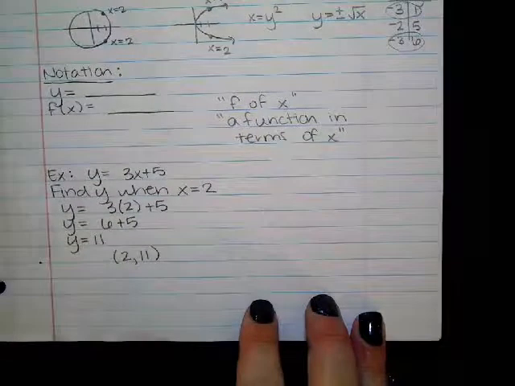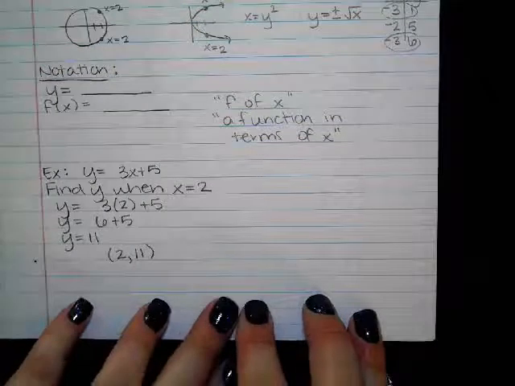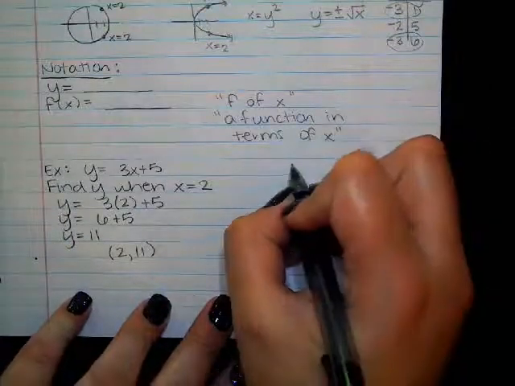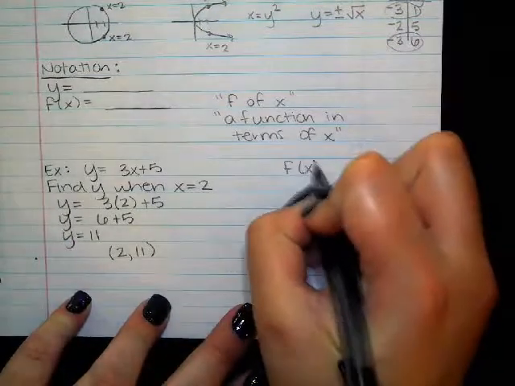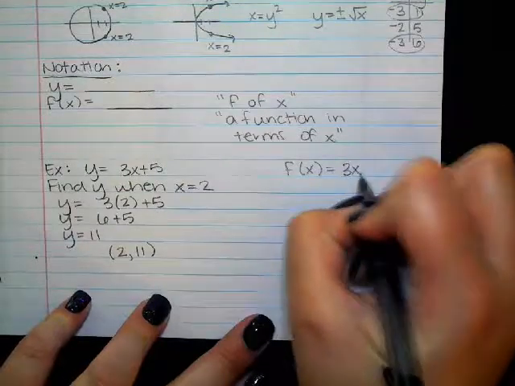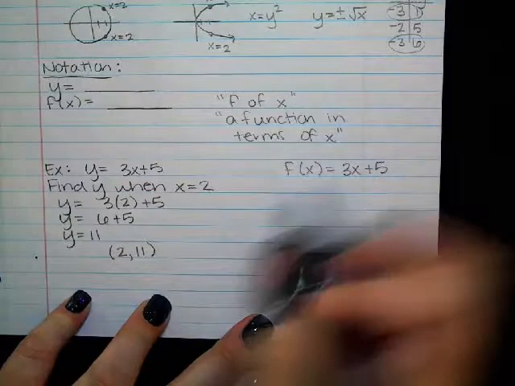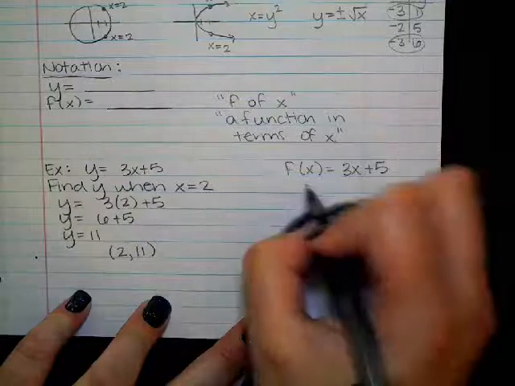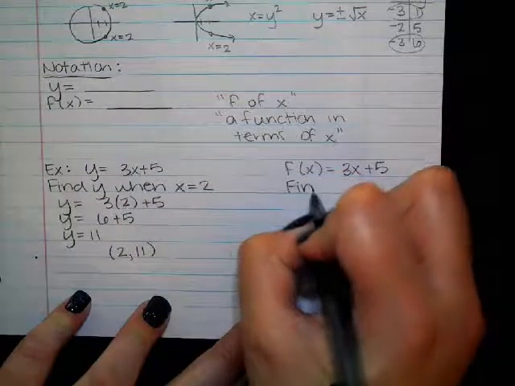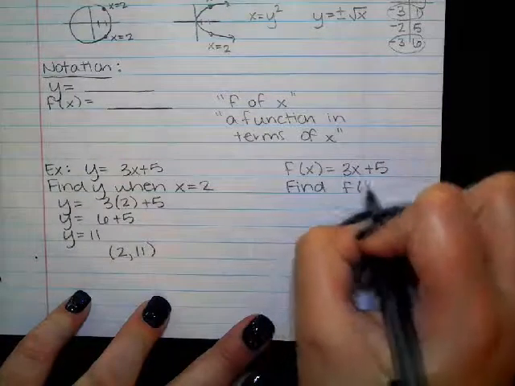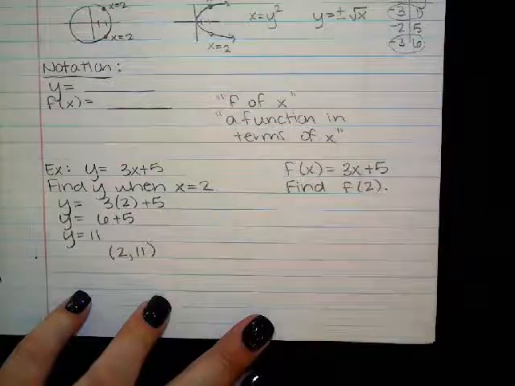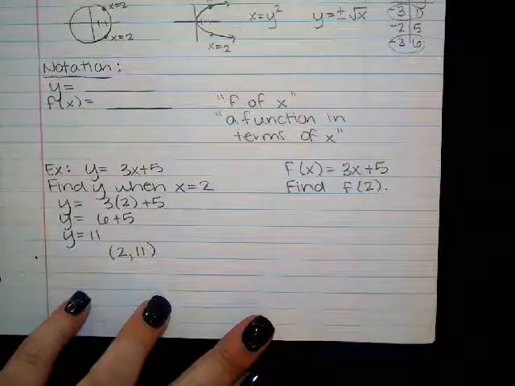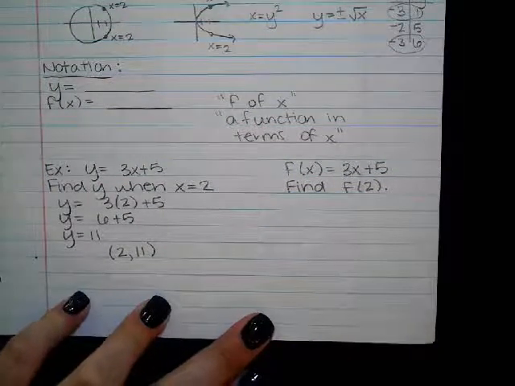In function notation, they would say, okay, the beginning of the problem is f of x equals 3x plus 5. And they wouldn't write out that whole sentence. They would just say, find f of 2. That's all they would say. Find f of 2. And so you would look at that problem. I'm going to do this in different colors.